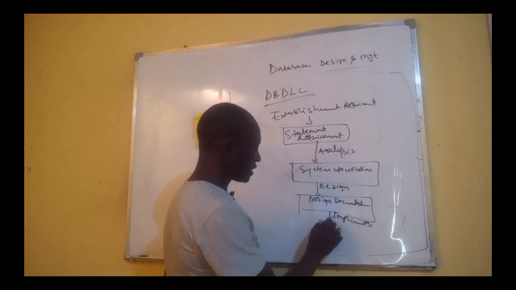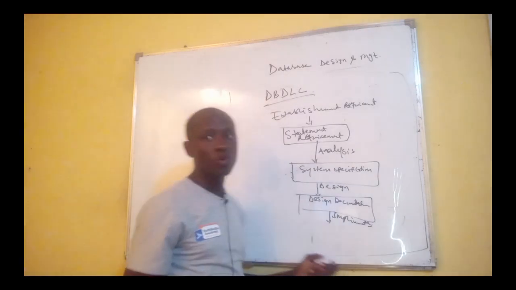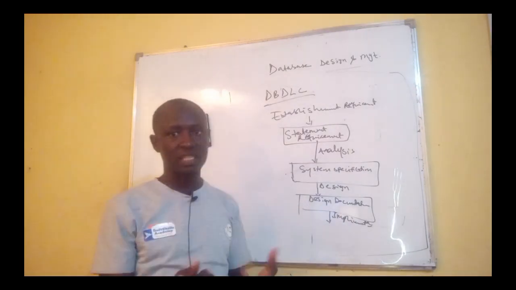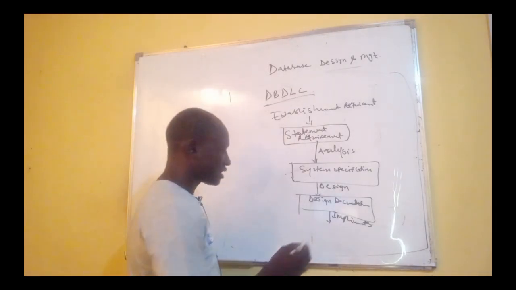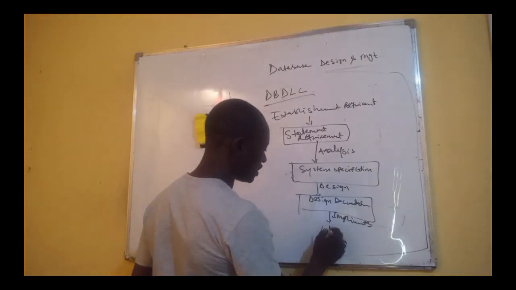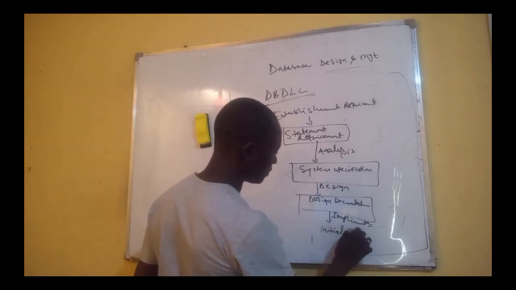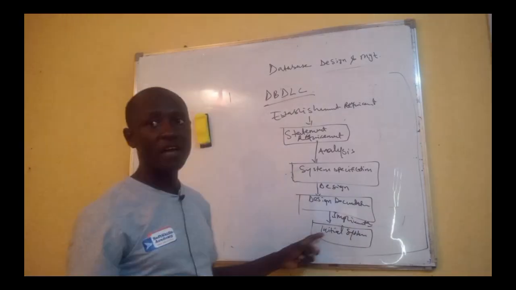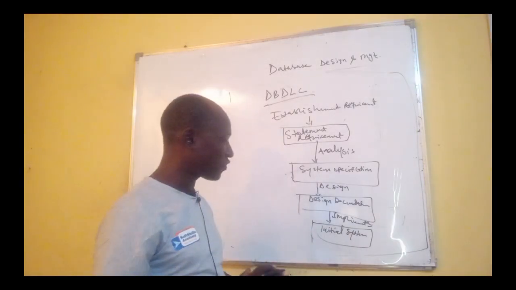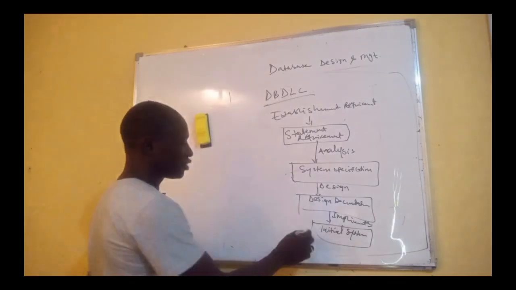At this implementation, you are going to have what we call the initial system. That means you are implementing either module by module or complete as a whole. So this initial system is what you are having now. You did not finalize this very particular system.